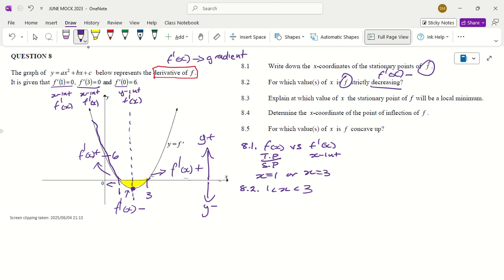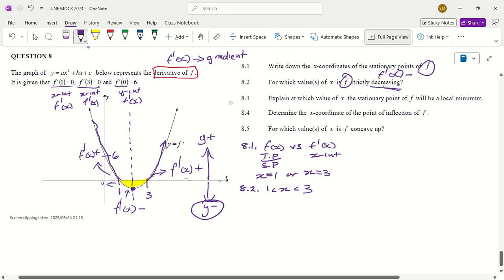If we go to the right of 3, the function here is on the positive, so meaning the function will increase after x is equal to 3 and will increase before x is equal to 1. But between 1 and 3, this function is below the y-axis. This function is negative. So now a negative gradient gives us a what? A decreasing function.